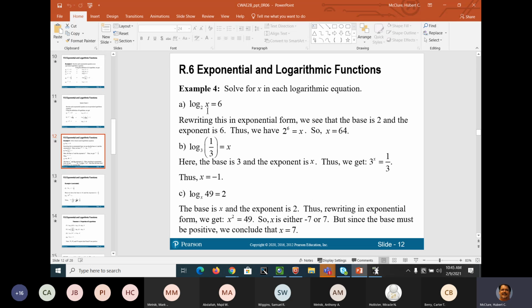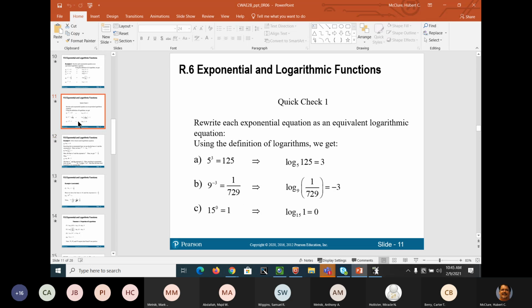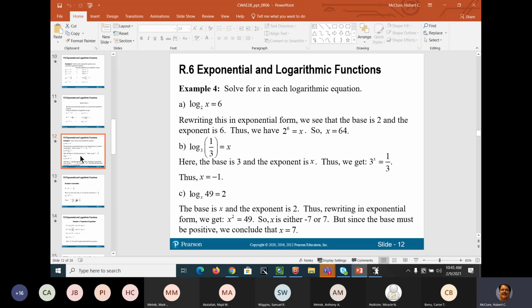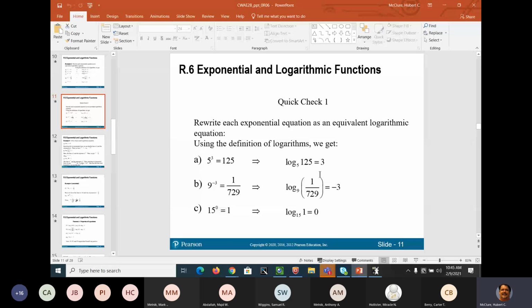Log base x. Okay, wait a minute. That's some more right there. I want to change the log. Okay, I guess they're, okay, I don't see where they should have the logs on this side and changing them to an exponent.